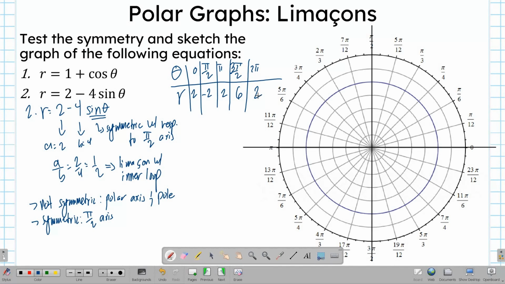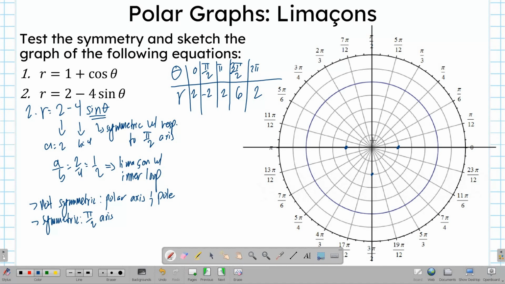So if we're going to plot these points, r is 2 but theta is 0. Here you go, r is 2, theta is 0. Negative 2, pi over 2. It's pi over 2 here, but negative 2 here. 2 and then pi. 6 and then 3 pi over 2.